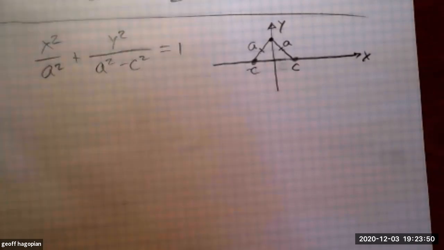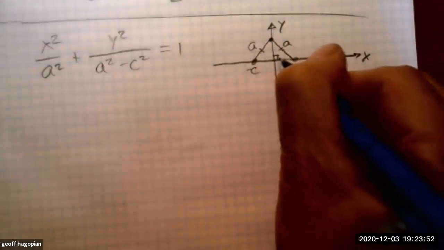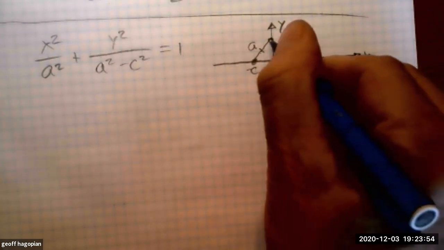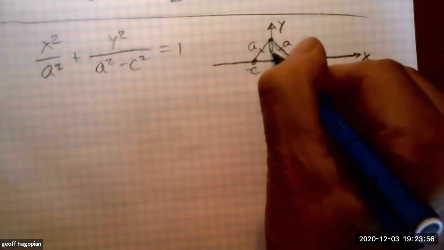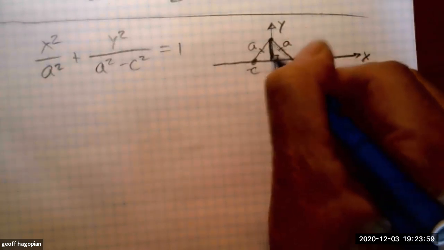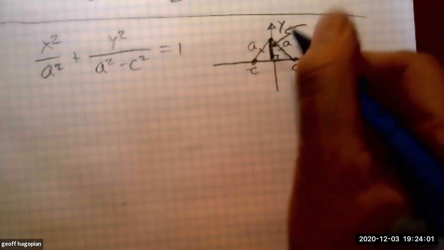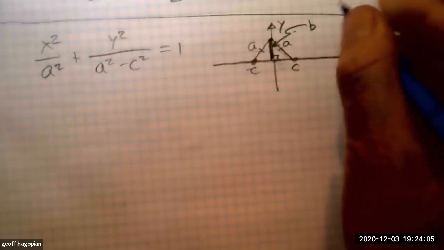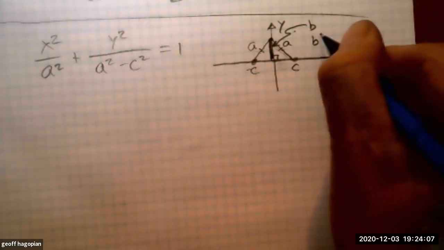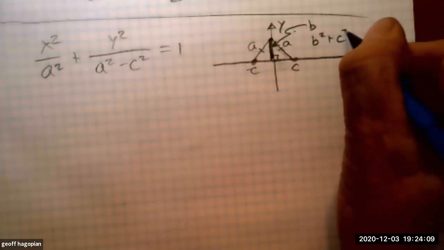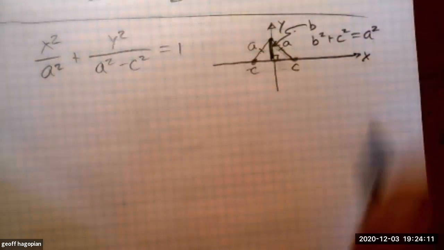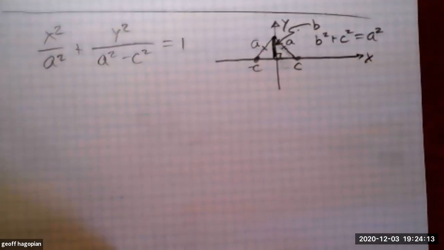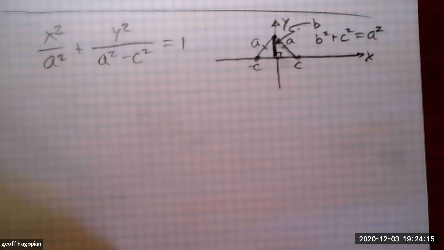Right, so we have a little right triangle here. We know this leg is c, this hypotenuse is a, so what does that make this leg? By Pythagoras, let's call that leg b. Then we know b squared plus c squared is equal to a squared. That's the Pythagorean relationship there, right?